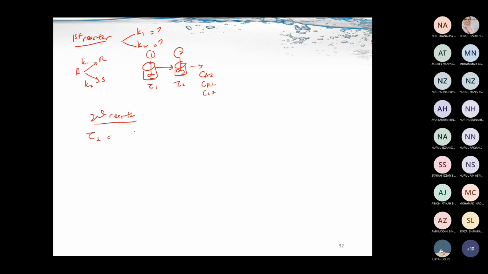Then we have tau 2, the second one, equal to CA1 minus CA2 over the, remember A here, we have A for K1 and A for K2. So the RA net, you need to consider this side and also this side, because A is related to both equations, which equals K1 CA2 plus K2 CA.